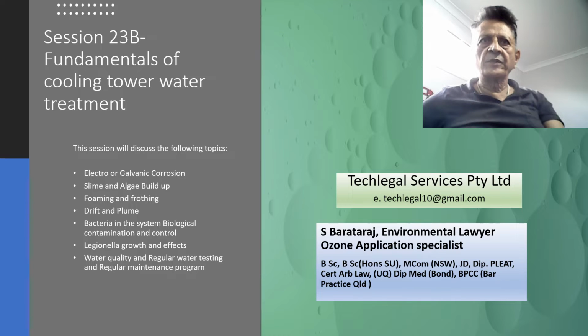Next topic will be foaming and frothing, and then followed by drift, the definition of drift and plume and the effects. We will be discussing bacteria and control of the system, Legionella, the growth and its effects, and water quality and regular water testing.